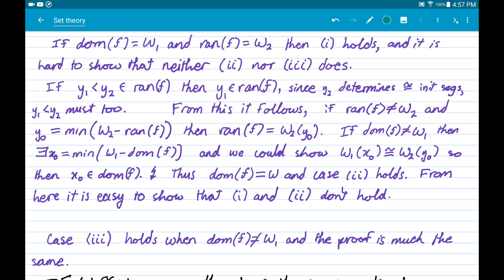If the range of f is not equal to w2, then we can take the difference between w2 and the range, and that subset of w2 must have a minimum element, call it y0. It would be pretty easy to show that the range of our function is equal to just the initial segment given by y0.